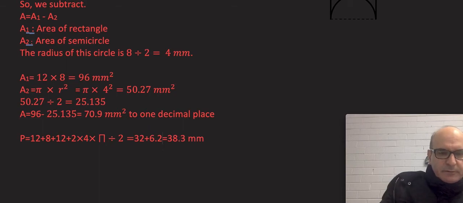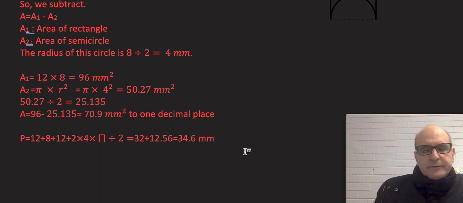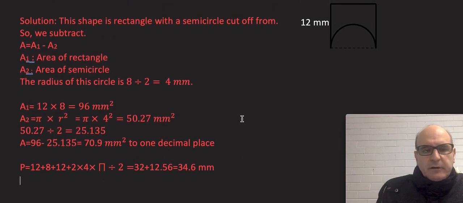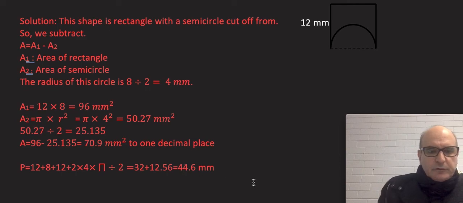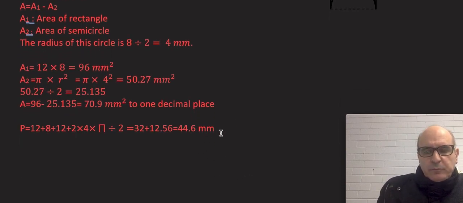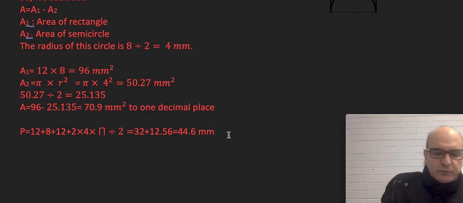So that becomes 12.56, and that will give us 44.6 millimeters to one decimal place. That is the perimeter of this shape.